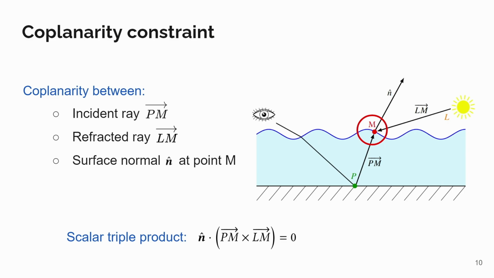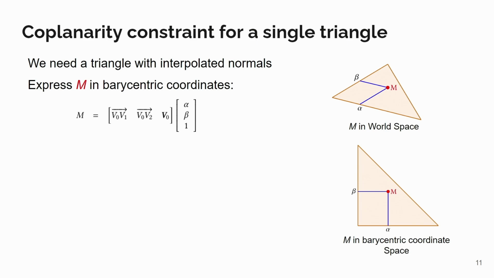To know if 3 vectors are coplanar, we can use the scalar triple product. And when the scalar triple product is zero, we have a valid path. To do that, we are using everything in a mesh of triangles.